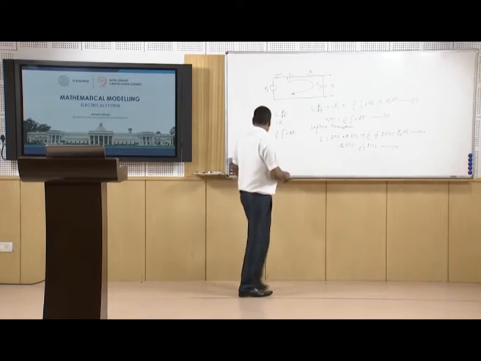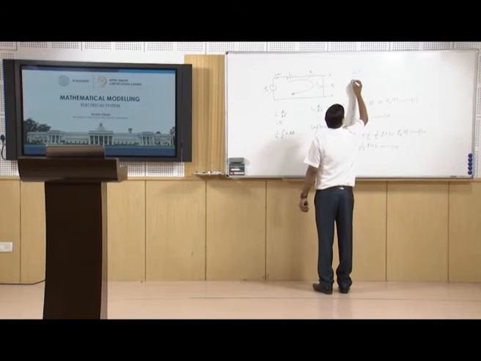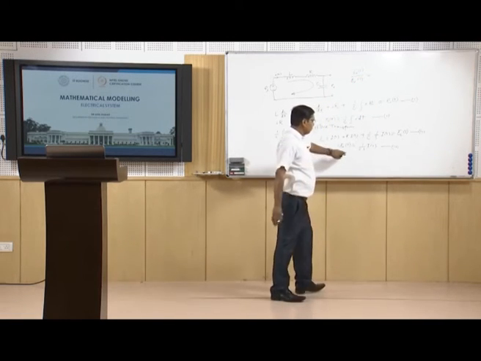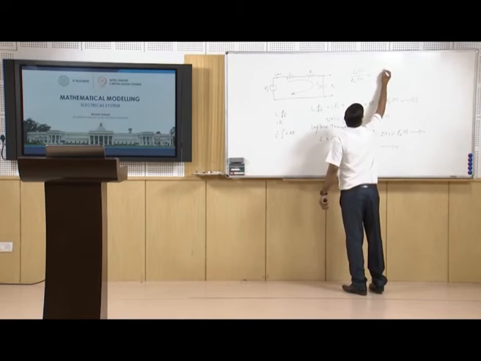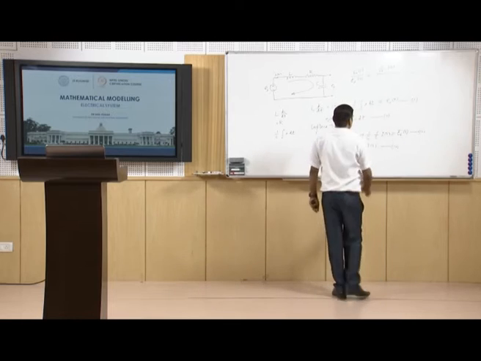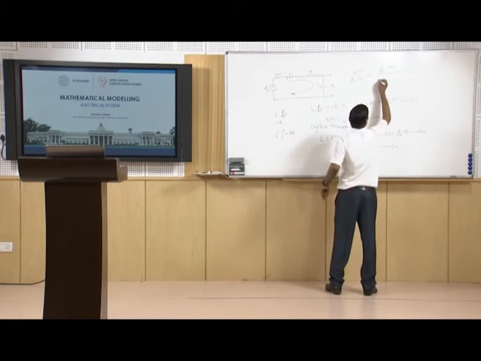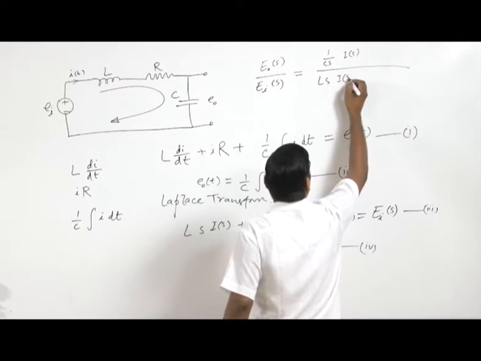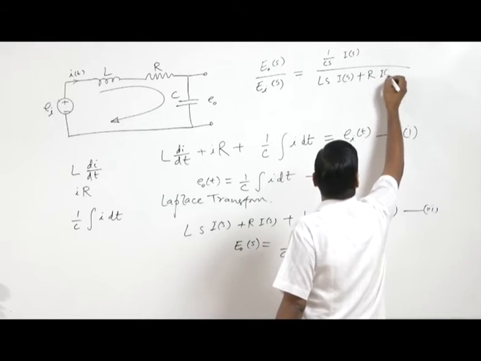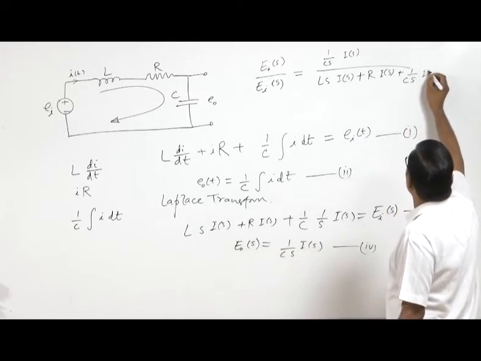Now the transfer function Eo(s) by Ei(s) is 1 by Cs times I(s) upon Ls I(s) plus R I(s) plus 1 by Cs I(s).